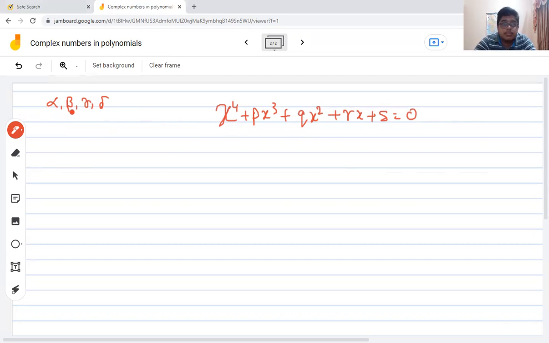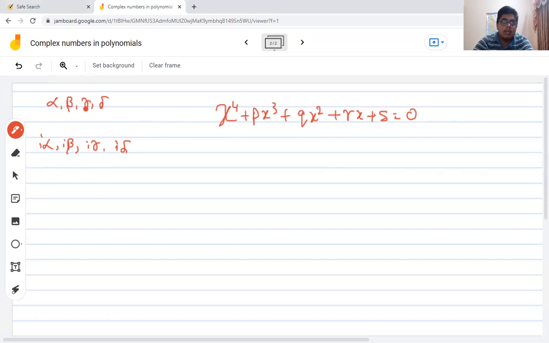So what would be the equation which has roots i alpha, i beta, i gamma, and i delta? That is something we're going to obtain by using Vieta's relations.